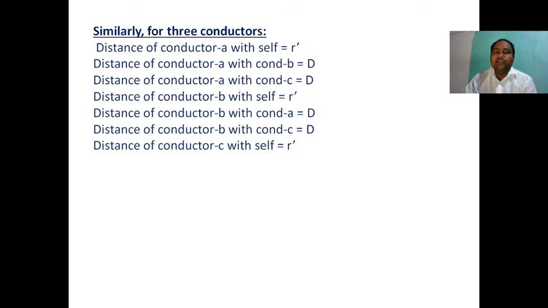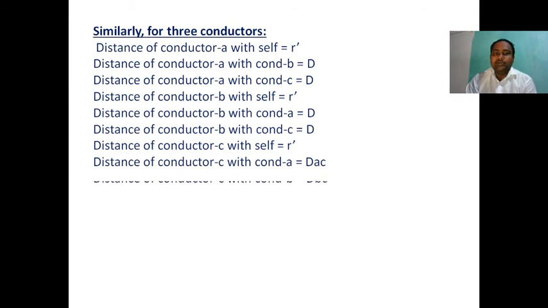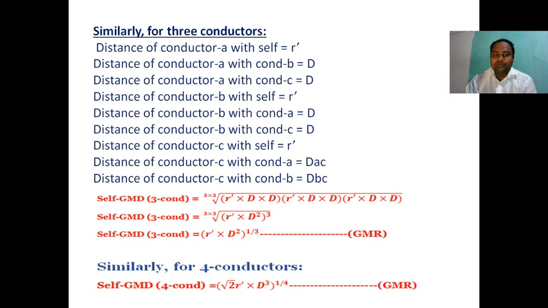How many self conductors? They have three subconductors, and every subconductor has its own self, that is R dash, R dash, R dash. Distance of conductor C with conductor A DAC, distance of conductor C with conductor B DBC. So write all the possible combinations. What are all the possible combinations?